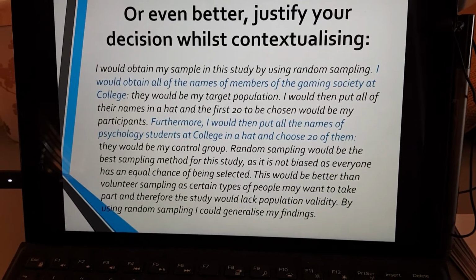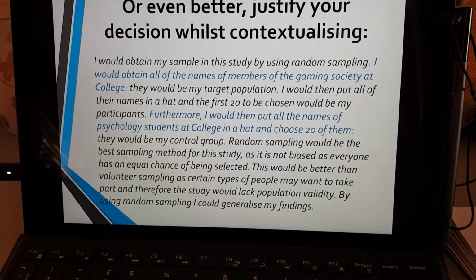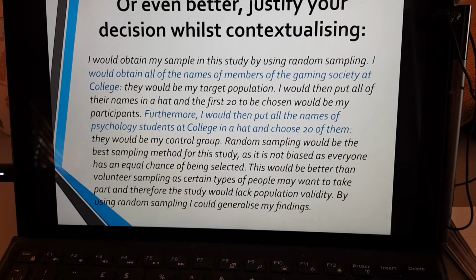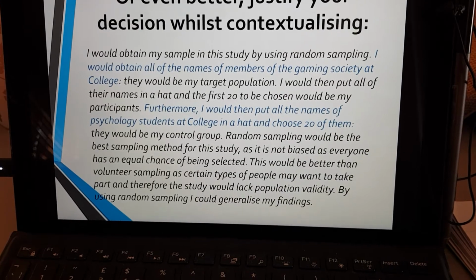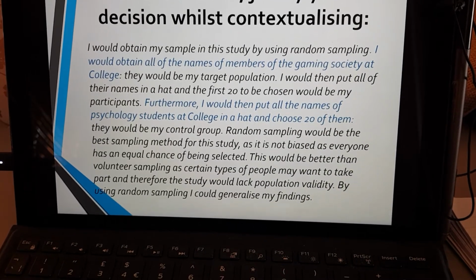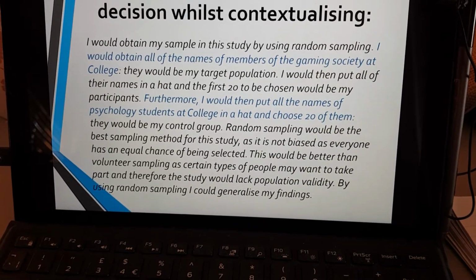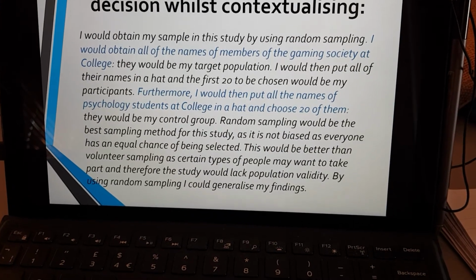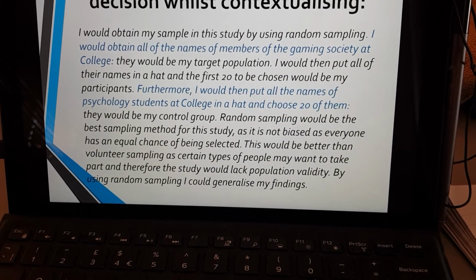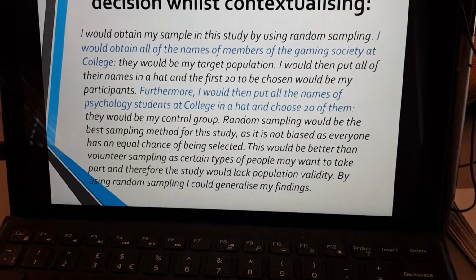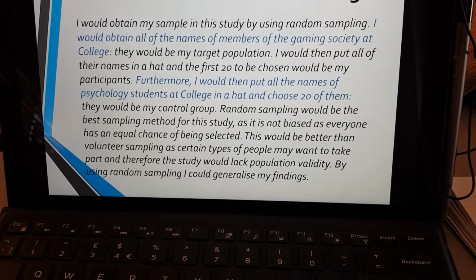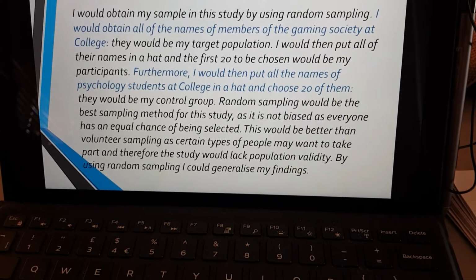I would obtain all the names of the members from the Gaming Society at college. Okay, they would be my target population. I put their names in a hat. And the first 20 to be chosen would be my participants. Furthermore, I would then put all the names of the psychology students at college in a hat and choose from them. So they would be the control group.